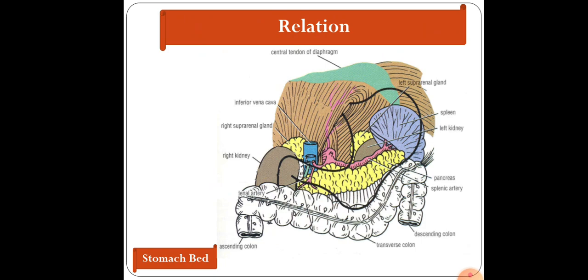It has 2 borders, greater and lesser curvature, that provide attachment for the greater and lesser omentum respectively. It has 2 surfaces, anterior and posterior. The anterior surface is related to the anterior abdominal wall, liver, and diaphragm.